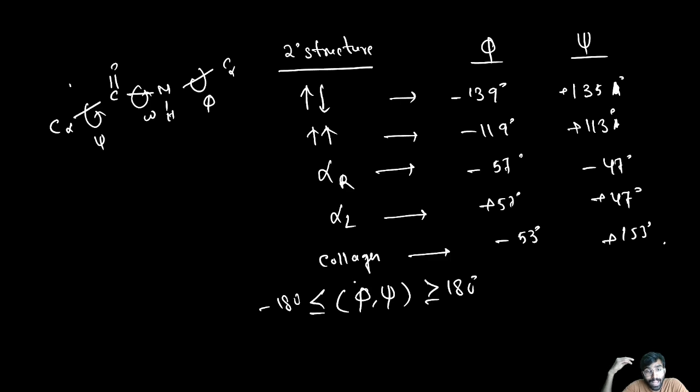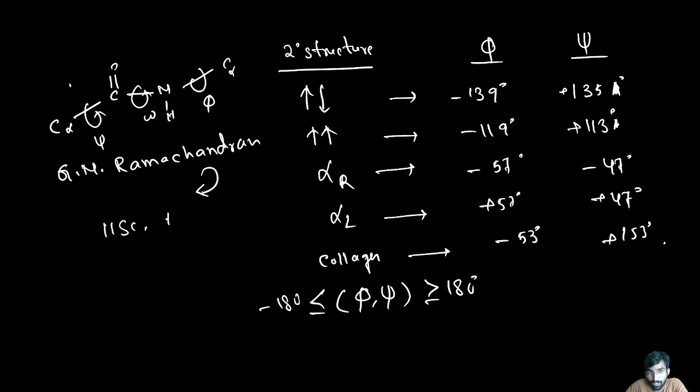So which angles will be sterically favorable so that a particular secondary structure can be formed? That was first given by Professor G. N. Ramachandran. He established a department at IISc Bangalore, the Molecular Biophysics Unit, and he was the first chairman of that department.